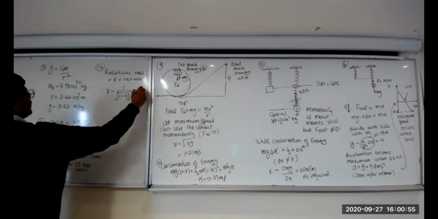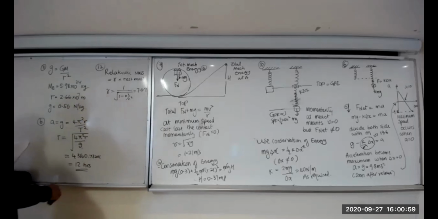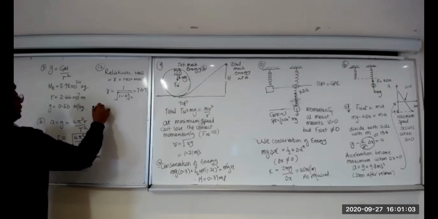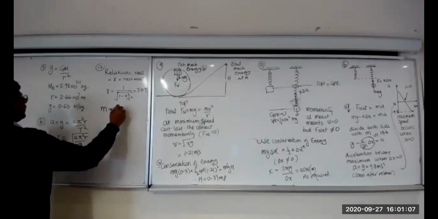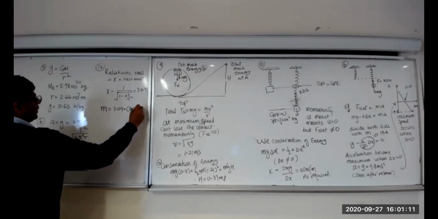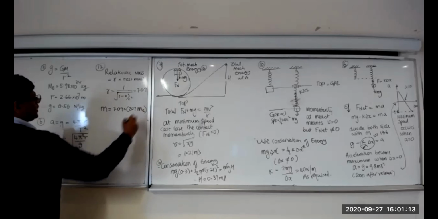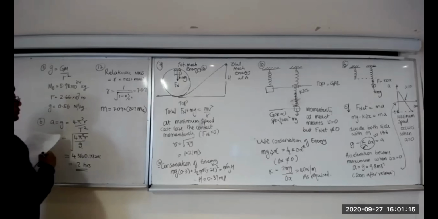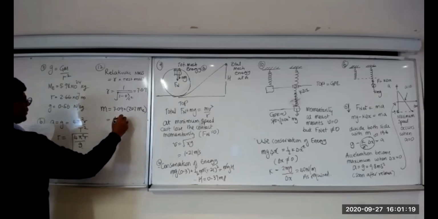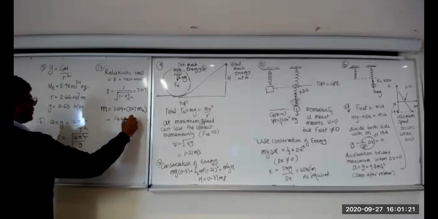You should get like 7.09. Then the relativistic mass: they're giving the mass of the muon in terms of the mass of an electron. When you do that, you should get 167 times the rest mass of an electron.